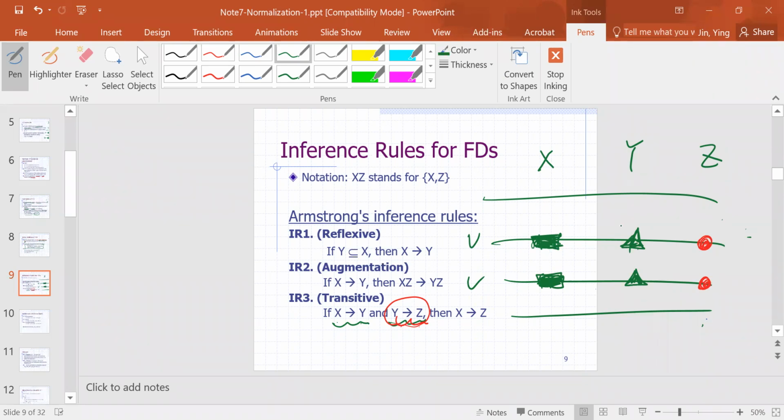It's just because when you use X to determine Y and you get the same Y, and for the same Y you determine Z, you get the same Z. So whenever they are the same X, then this Z must be the same. According to the definition, whenever you have the same X, you have the same Z, then I have a functional dependency X → Z.